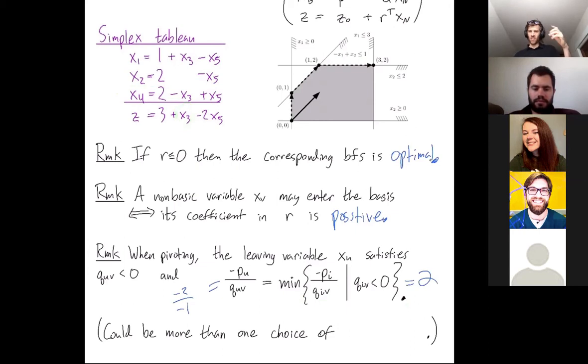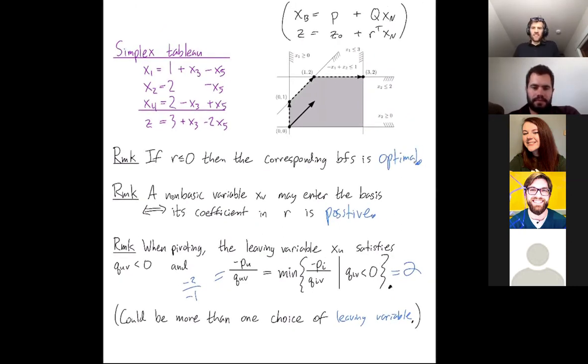Maybe x4 and x17 both minimize this set. So you need rules for choosing when there's more than one entering variable that you could use or more than one leaving variable. Which one do you choose? The choice of entering variable matters a lot. The choice of leaving variable is not quite as important.